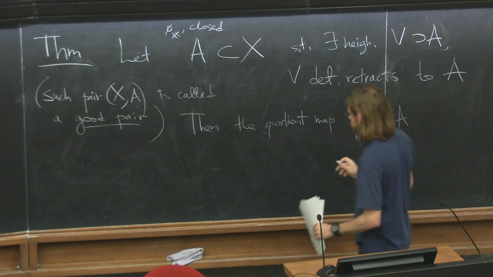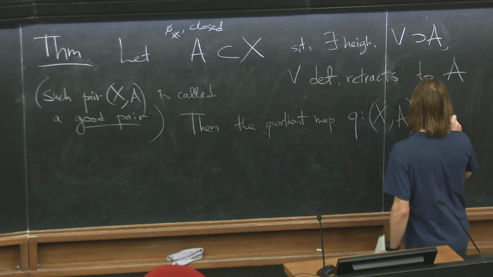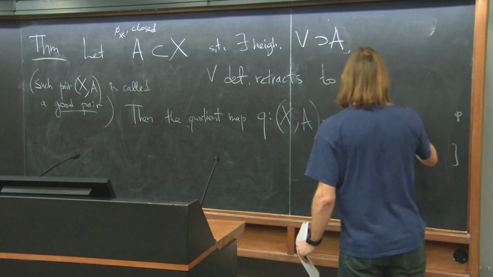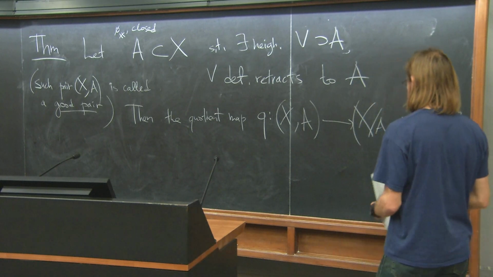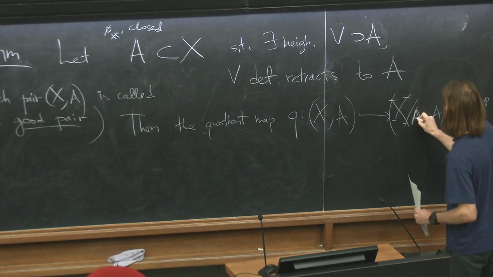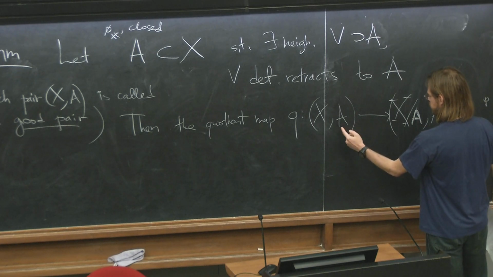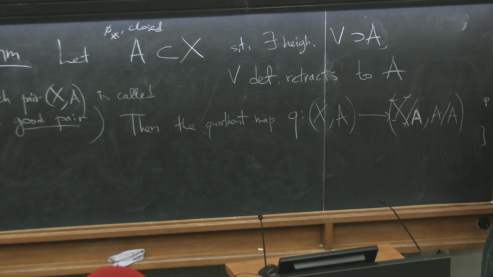so I consider a quotient map from X to X quotient by A. And of course, I can consider it as a map between pairs, because it will satisfy the condition that the image of A will be contained in the subspace in this pair here.